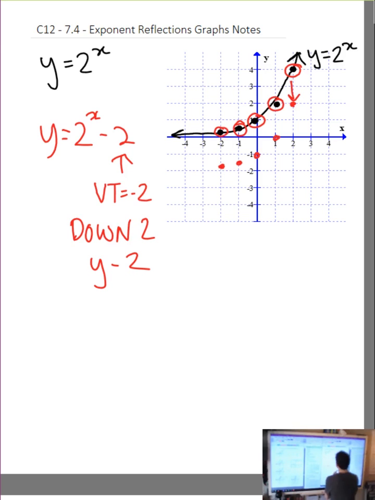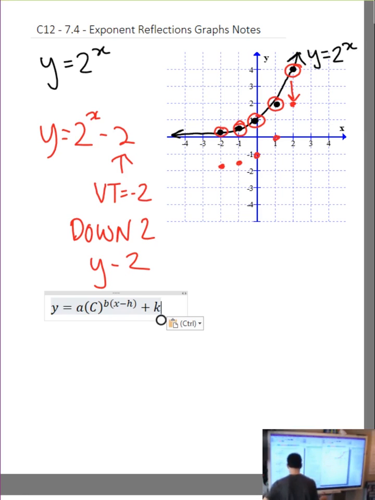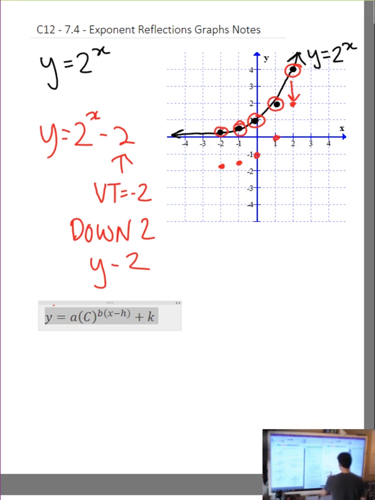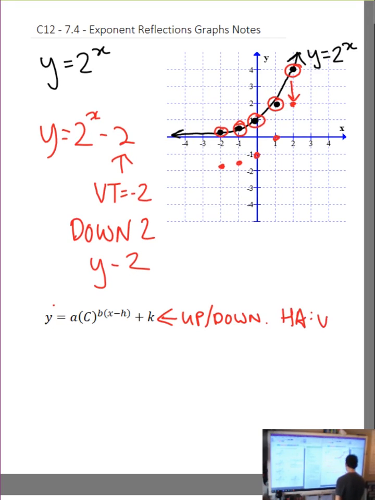Now, I spoke earlier about a horizontal asymptote. So I'm going to place the general equation of an exponential on the screen. So we know that k is up and down. It's also the horizontal asymptote, y equals k.